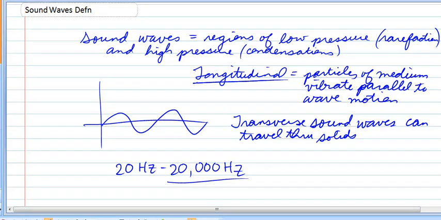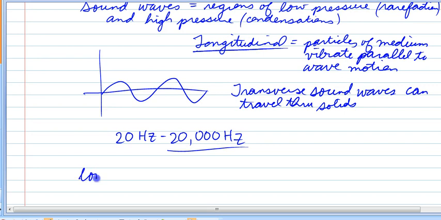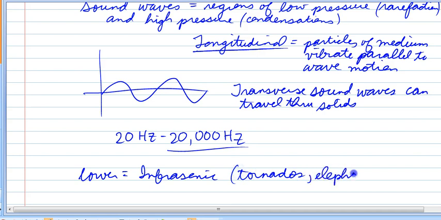Lower than 20 Hertz is what we call infrasonic, and it's been shown that tornadoes produce infrasonic sound, as can elephants. Elephants are good at hearing infrasonic, and pigeons can hear frequencies as low as about 1 hertz.